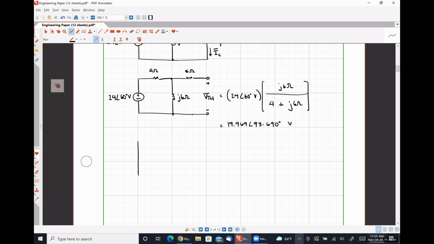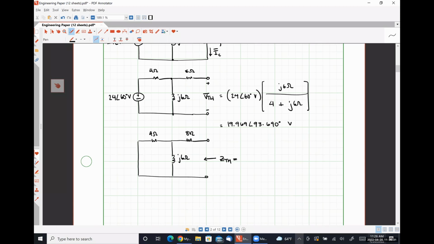So I will have a short circuit here, a 4 ohm resistor here, my J6 ohm inductor, here I have my 8 ohm resistor, and an open circuit where my capacitor was. My Thevenin equivalent impedance, Z Thevenin, to me looks like 8 ohms in series with the parallel combination of J6 and 4.